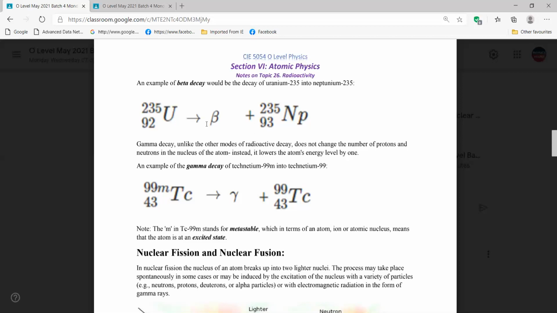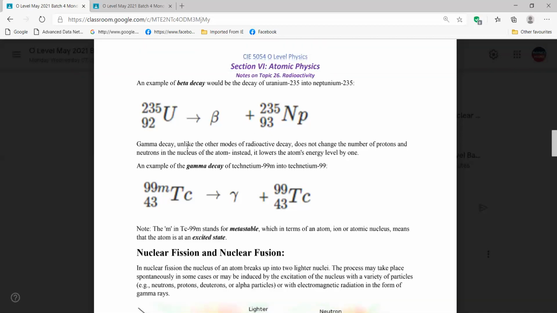At the bottom left, you write minus 1, and at the top, you write 0. So is it clear? Yes, sir.